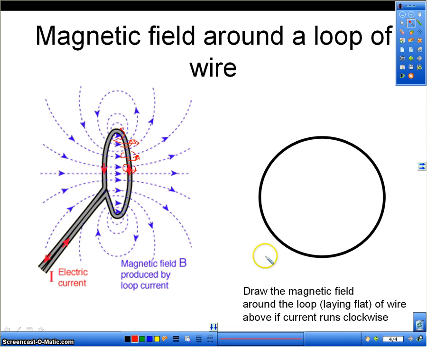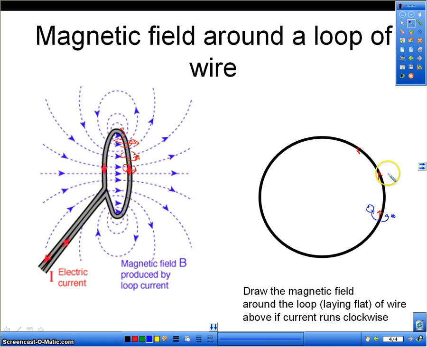And that's what this shows, a field that goes around the wire and comes back through the other side. So if I had over here a loop of wire that current was running counterclockwise, so the current's going this way around the wire, counterclockwise, right? If I take my fingers and I put my thumb in this direction, right at this point, it's going to be running into the page on the outside and coming back out of the page on the inside, right?